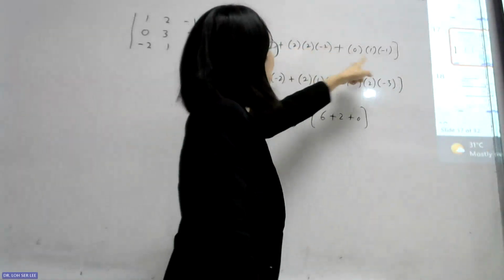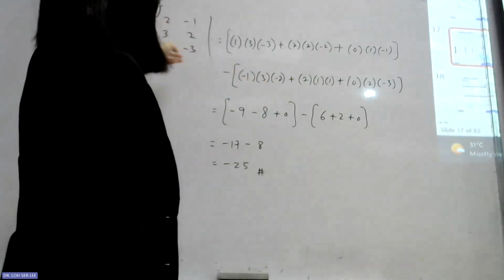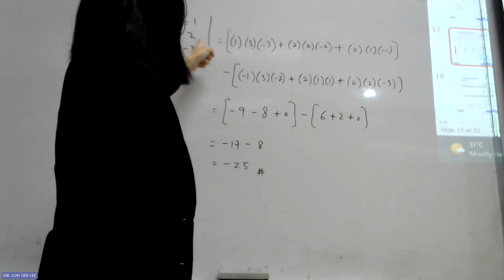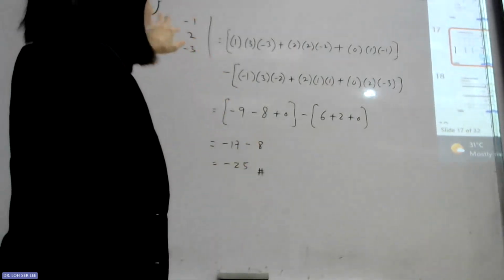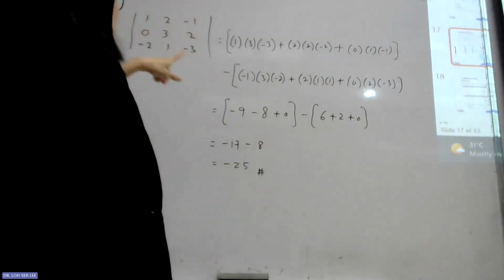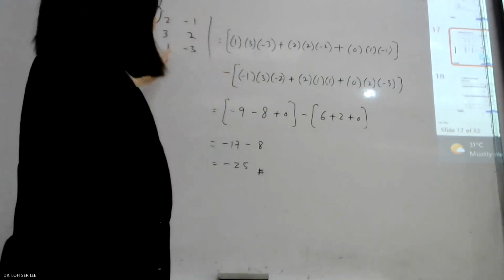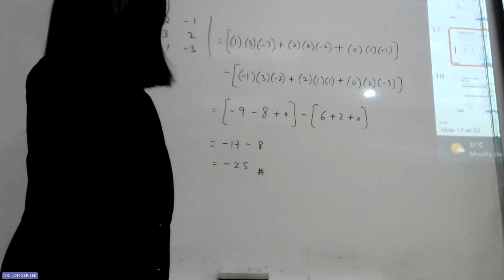No matter which one comes first, you can take this 1, 2, 3 or this 1, 2, 3, you will get the same answer. And then minus the other direction, 3 in a group, and these two with this.